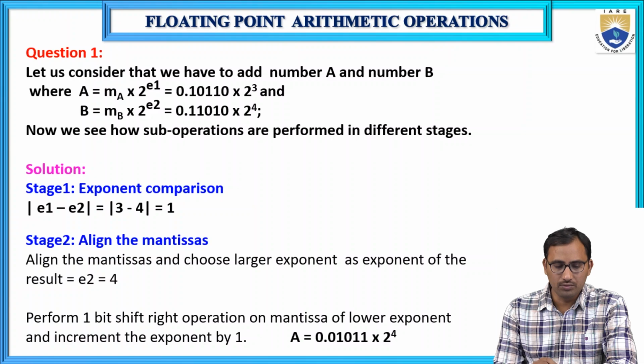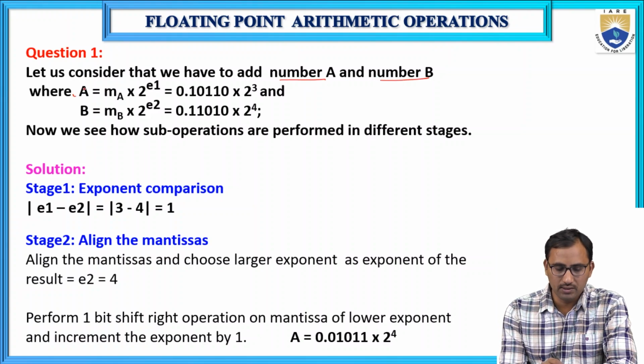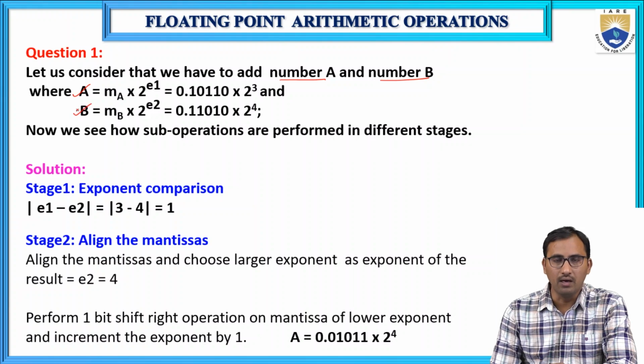Coming to the problem solving. First question: let us consider that we have to add number A and number B. These two numbers are floating point numbers. We have already seen that floating point numbers are represented as the mantissa multiplied with base power exponent.